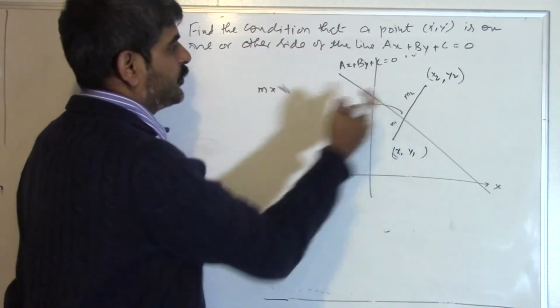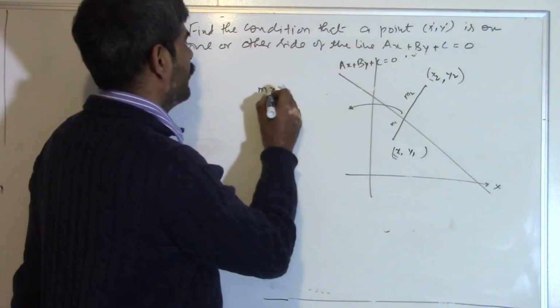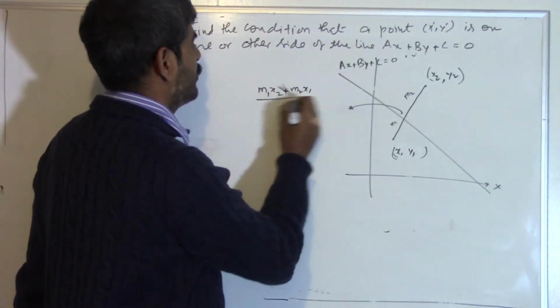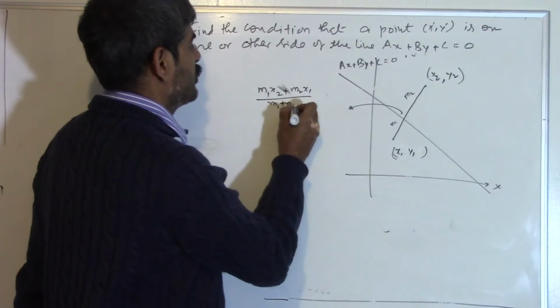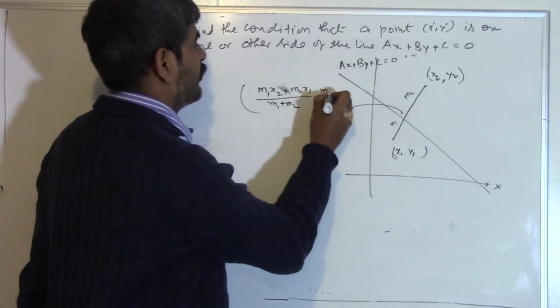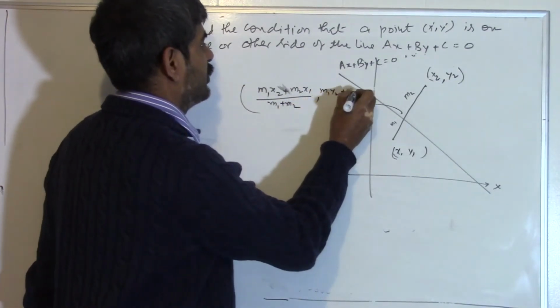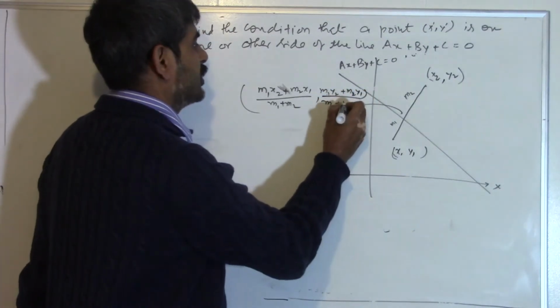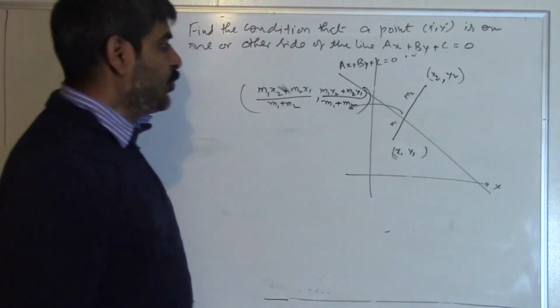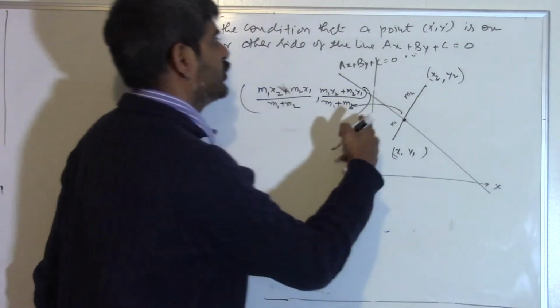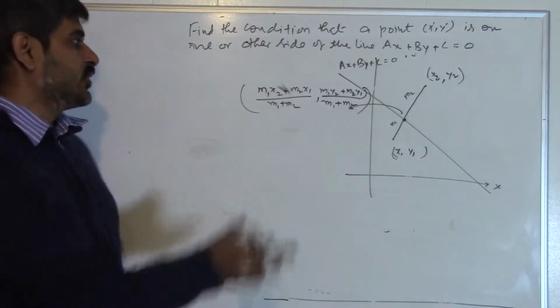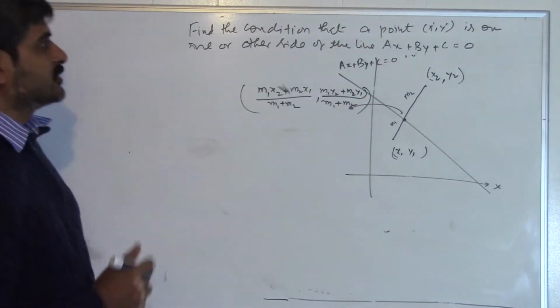So the coordinate of this point will be (m1 x2 plus m2 x1) divided by (m1 plus m2), and (m1 y2 plus m2 y1) divided by (m1 plus m2). Now the coordinate of this point satisfies this given equation of the straight line, so we can substitute this and write this equation.